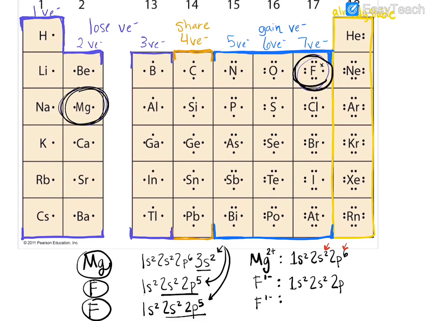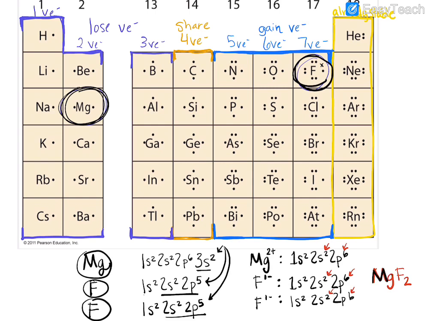So 1 each, and so now it's 1s2, 2s2, 2p6, and so now they have the 8 valence electrons that they need as well to be stable. So everyone's happy, and this creates the compound magnesium fluoride, okay?